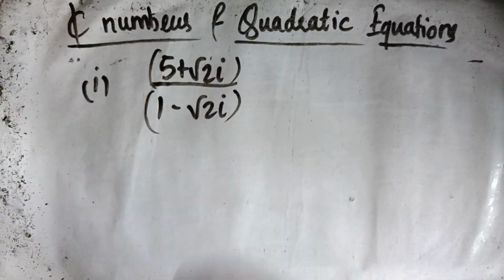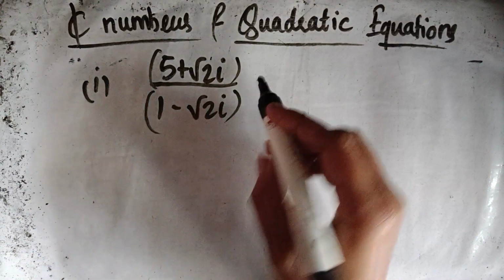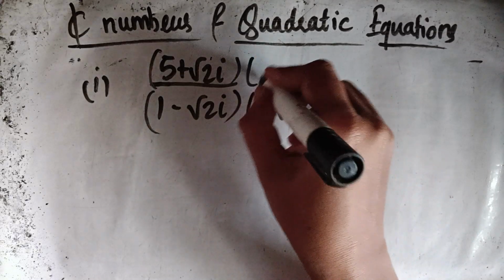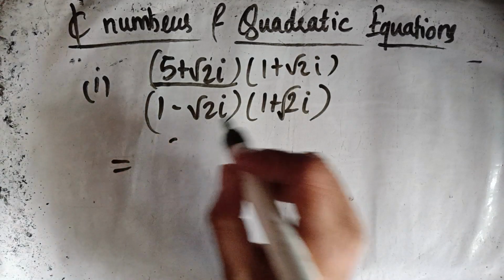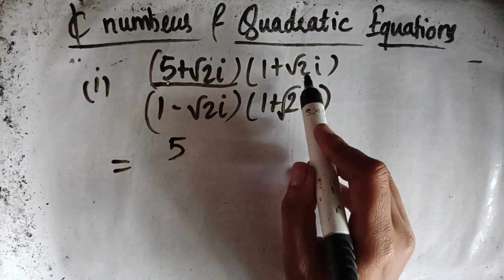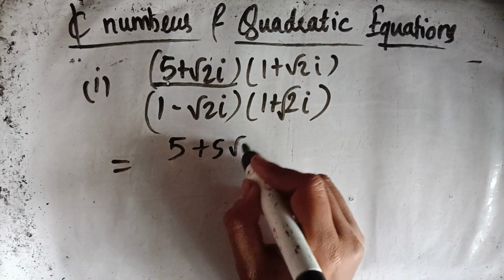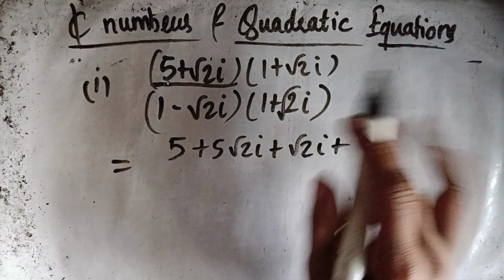Okay, the denominator we want a real number, so you have to multiply by its conjugate. So multiplying this also, we will get 5 plus 5 root 2i plus root 2i, simple multiplication.